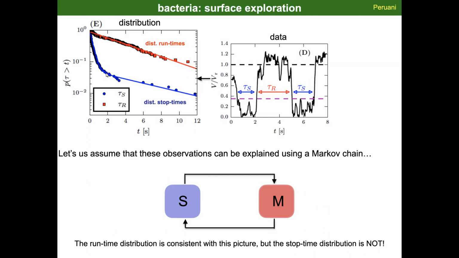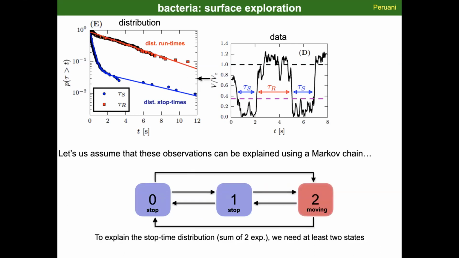So how can we use a Markov chain formalism to describe this kind of behavior? Basically, what you observe here is the sum of two exponentials. Mathematically, there is a relatively simple way of doing that, which is to assume that there are two states associated with the stop regime. This is a bit counterintuitive because we were defining just two states, basically two regimes, either the bacterium running or the bacterium stopping.